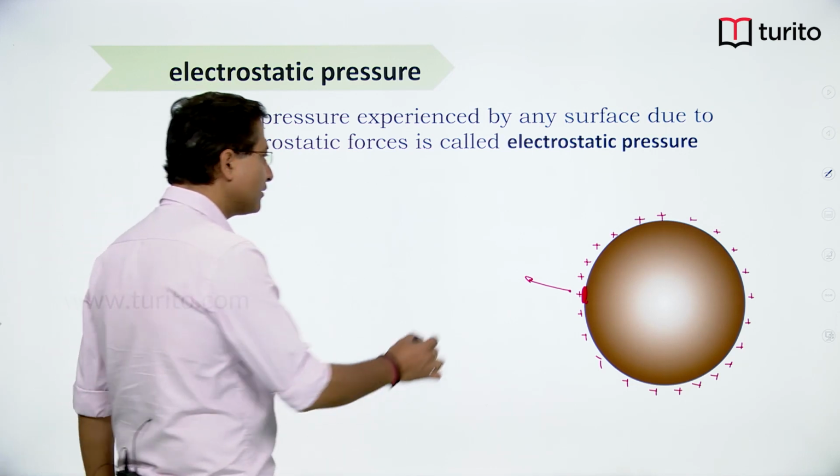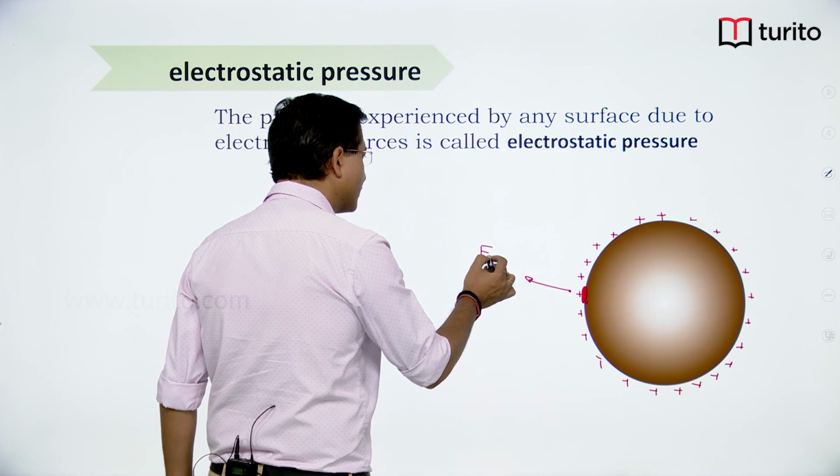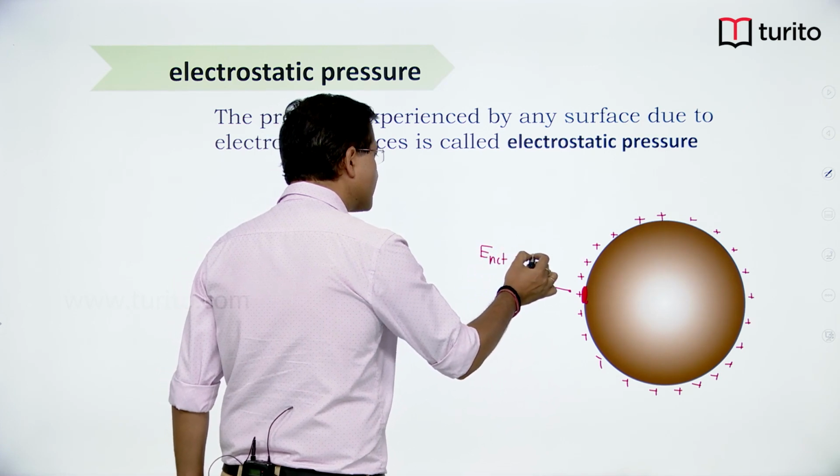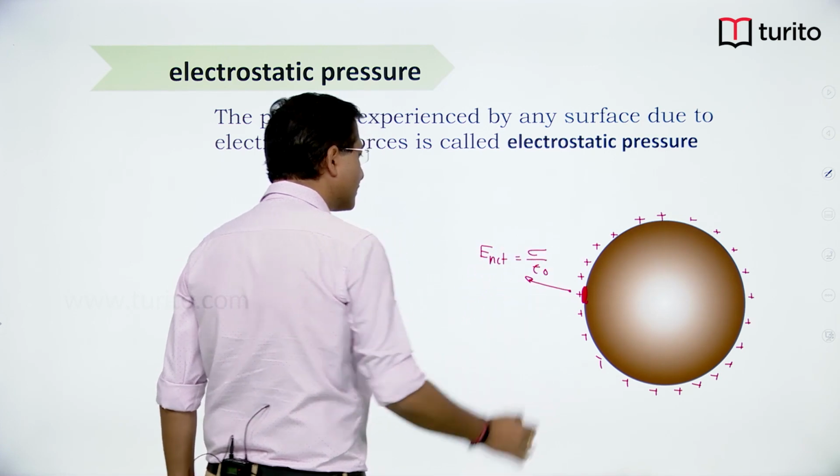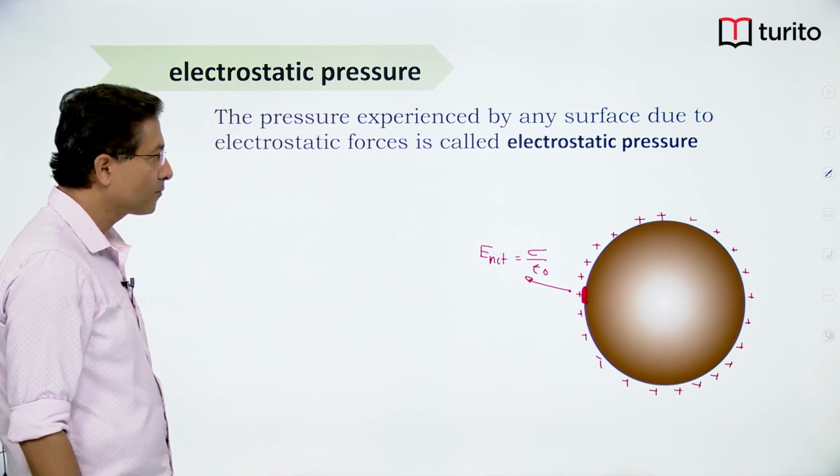So, the net field at that particular point is sigma upon epsilon naught, right.